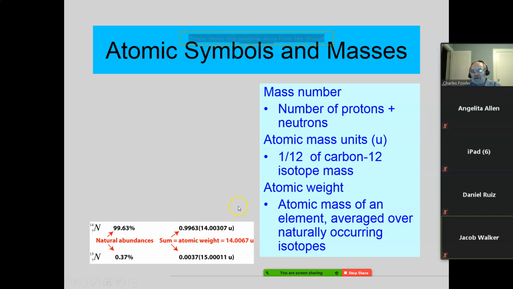So therefore, even though we call this nitrogen 14, the mass for this is actually 14.00307 atomic mass units. And whereas we call this nitrogen 15, it's actually 15.00011.